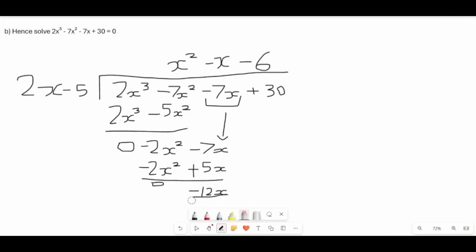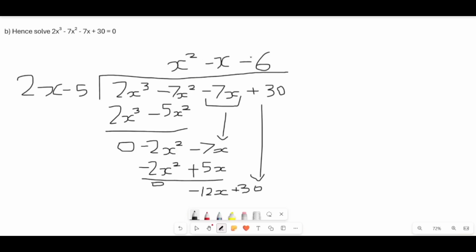Now at this point you're done, to be honest, but if you did want to check it, which is fair enough, drop the plus 30 down here. And when you take this minus 6 and multiply it by the two terms over here, you will just get minus 12x plus 30, plus 30 again. When that cancels out to be 0, you know that you've got it correct.